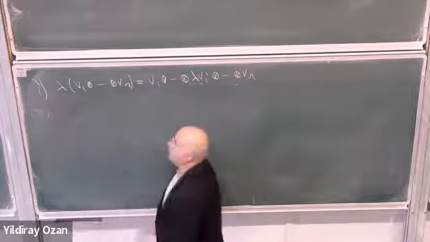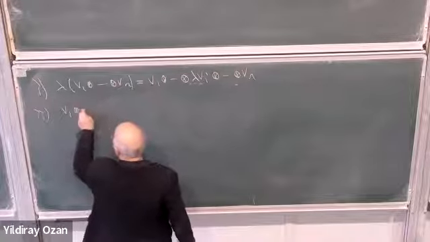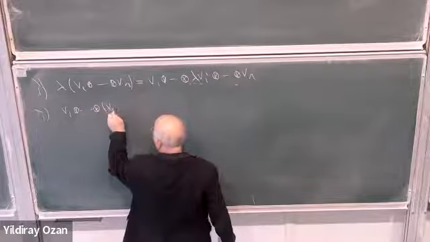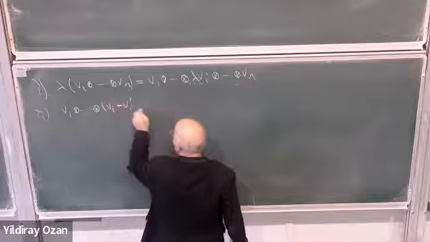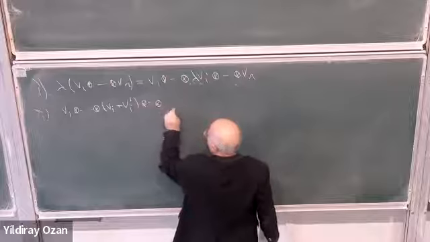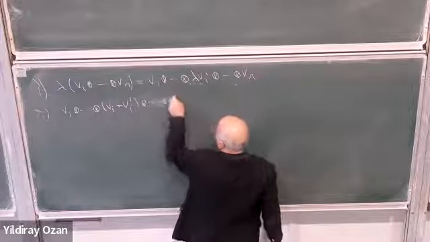Second, v1 tensor, let's say the ith element is a sum like this, vi plus vi prime, tensor up to vn.